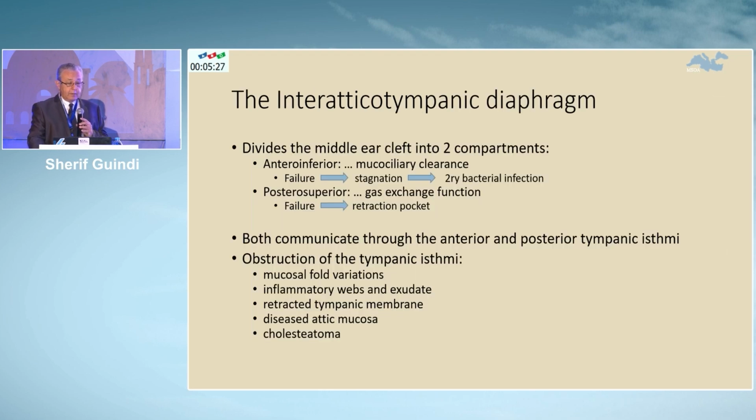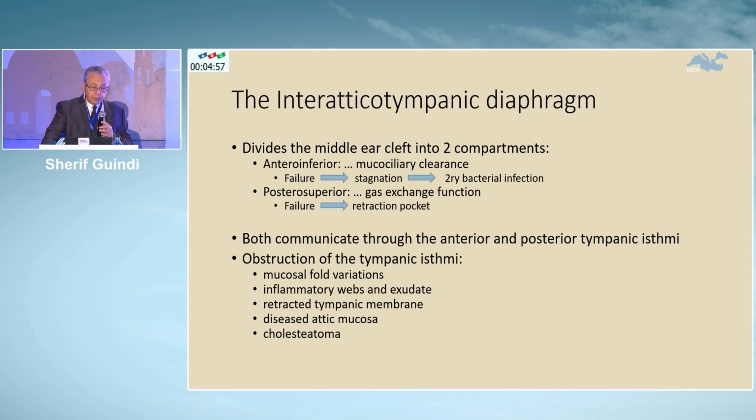We also have the interattico-tympanic diaphragm, which divides the middle ear into two compartments. An anteroinferior compartment, which is responsible for the mucociliary clearance, and any failure in this compartment will lead to stagnation of the fluid and a secondary bacterial infection. And we also have a posterosuperior compartment, which is responsible more for the gas exchange function, and any failure in this compartment will lead to a retraction pocket.